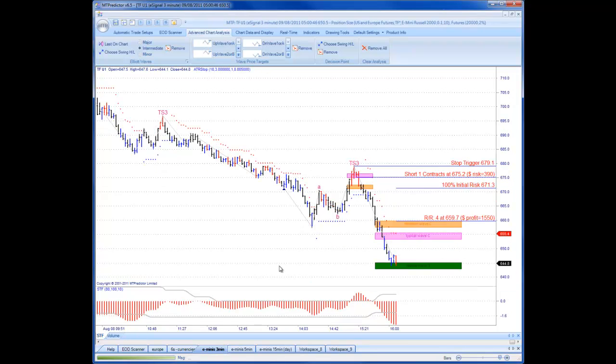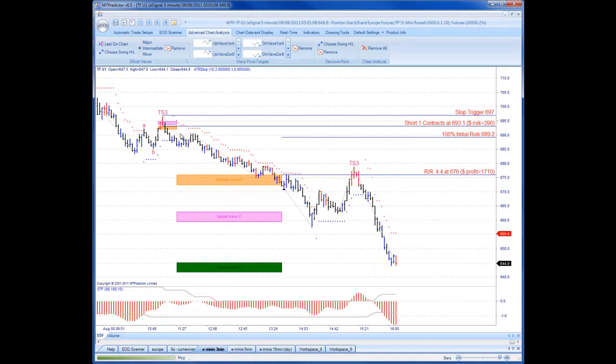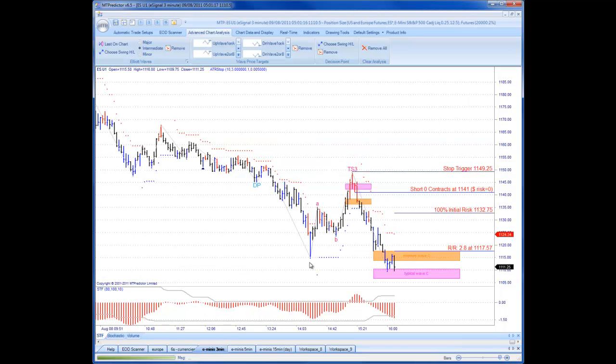On the Russell Index, as we've already seen, a lovely 4R here and 4.4R off that TS3 sell earlier in the day, and then the ES, as we've already seen, catching this late fall into the last part of the trading day, for another plus 2.8R.